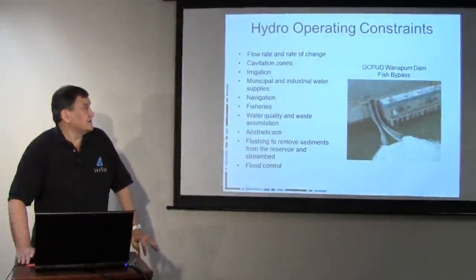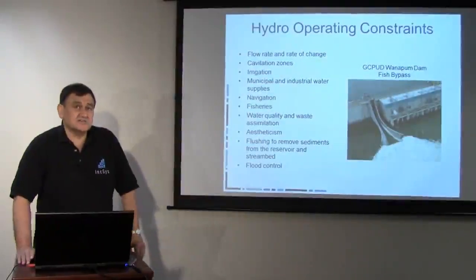So if we look at the different types of constraints, especially in the Northwest, fisheries and preservation of the salmon has become one of the dominant objectives to make sure that the fish can both migrate down as well as upstream.